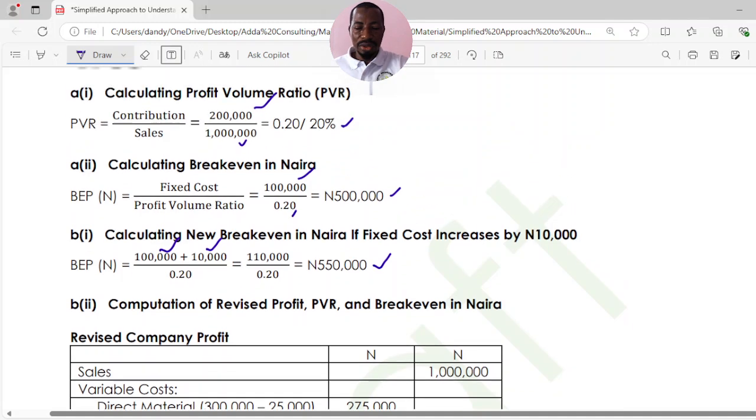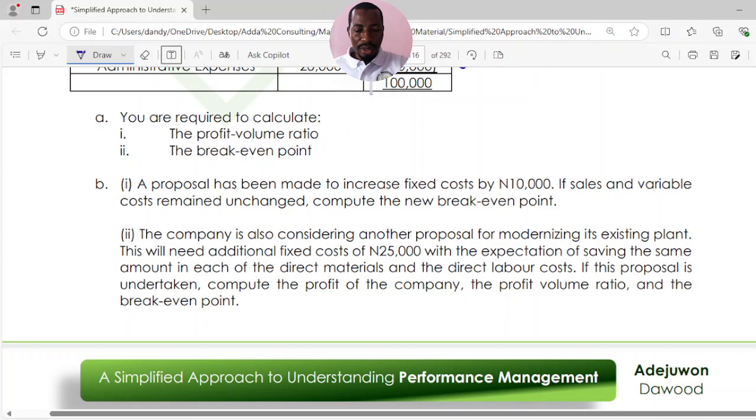That solves the question. The next one, number B2, the company is also considering another proposal for modernizing its existing plants. This will need additional fixed cost of 25,000 naira with the expectation of saving the same amount in each of the direct material and direct labor costs. If this proposal is undertaken, compute the profit of the company, the profit volume ratio, and the break-even point.